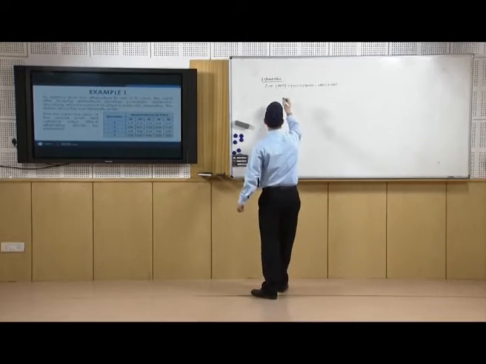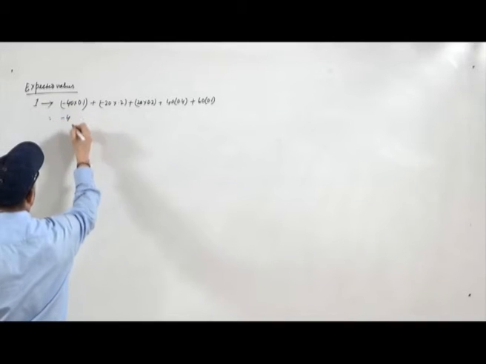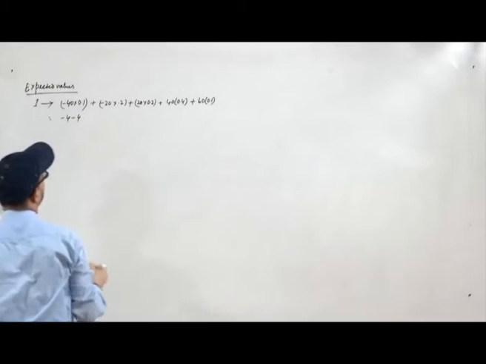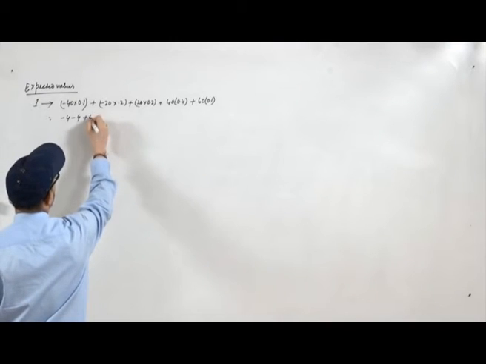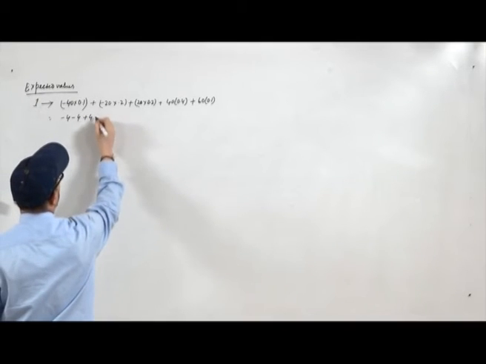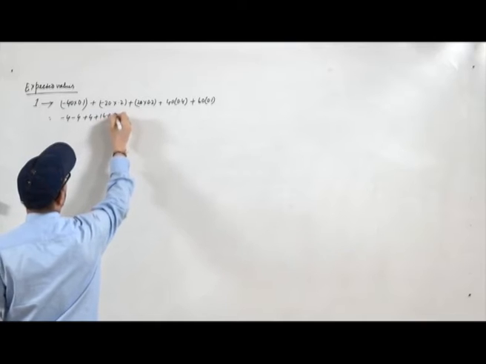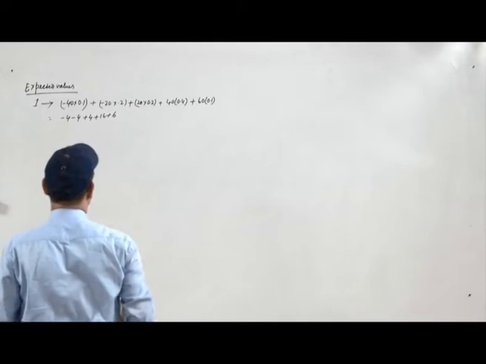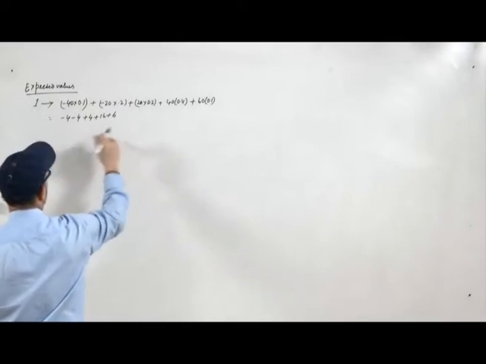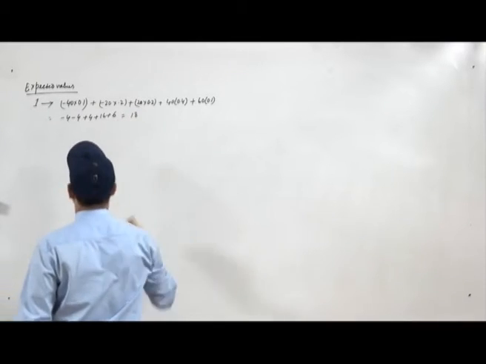So, this will come out to be minus 4 plus 4 plus 16 plus 6. So, it will be 22 minus 4, that is 18 lakhs.